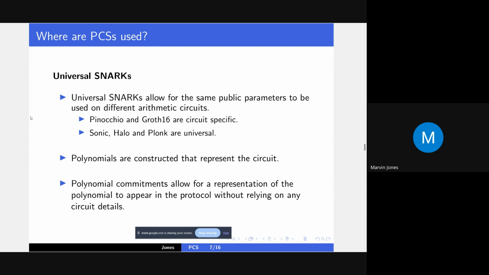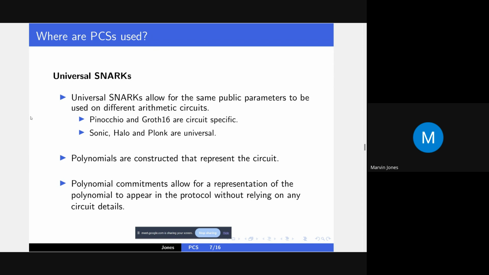If you go back to those, they were using Pinocchio and Groth16 for transactions. The problem there is that you have to generate new public parameters if you want to do something different.